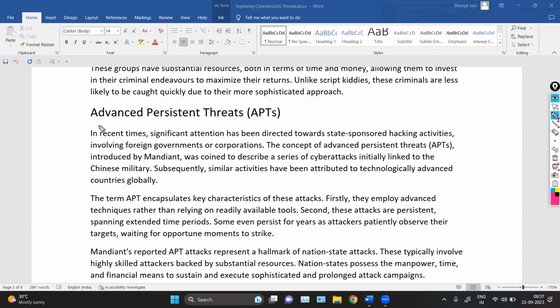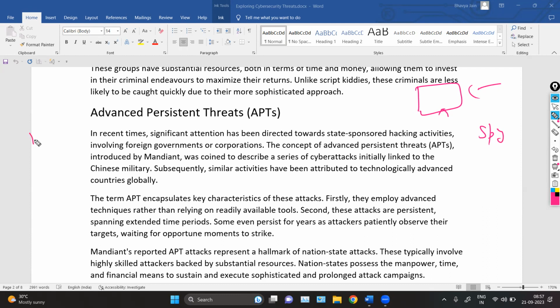See, advanced persistent means here that, let's say, I want to hack your system. I want to gain access inside your system. Let's say I manage to gain access, and now I want to spy on your system. I want to keep gathering information from your system on a daily basis.